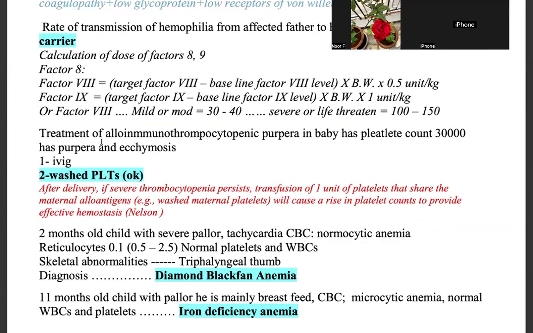See, this is the question. Same question: treatment of autoimmune thrombocytopenic purpura in a baby with platelet count 30,000, has purpura and ecchymosis. IVIG is an option, and washed platelets.